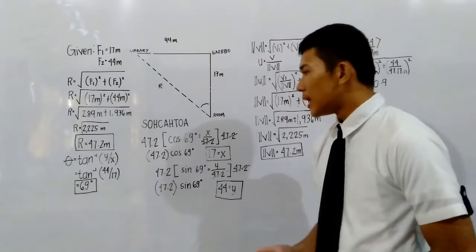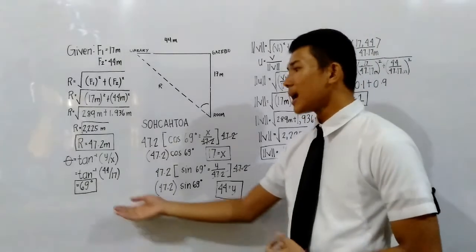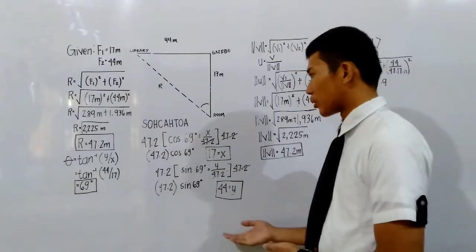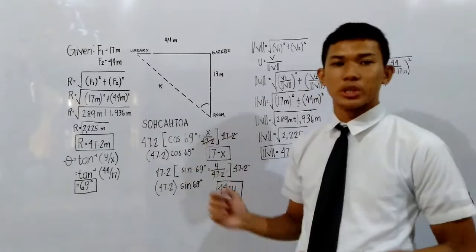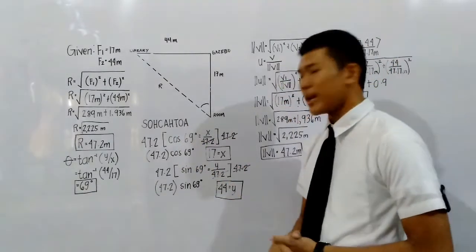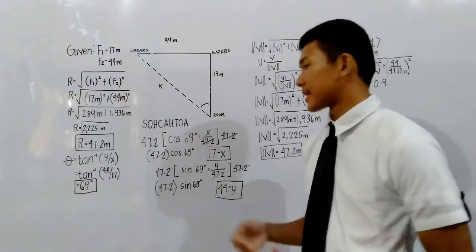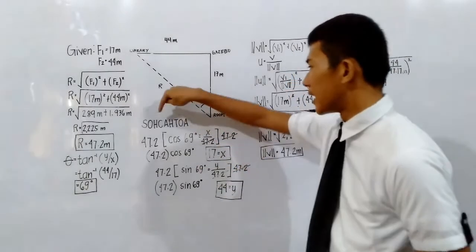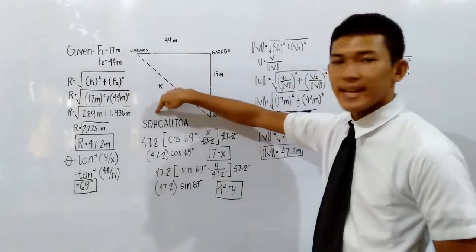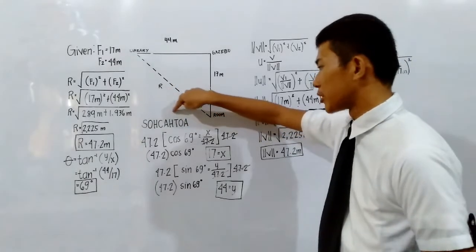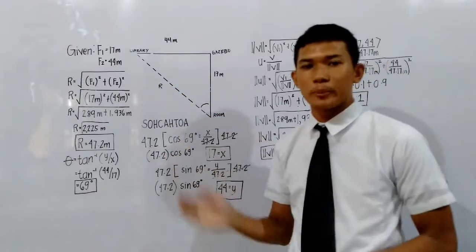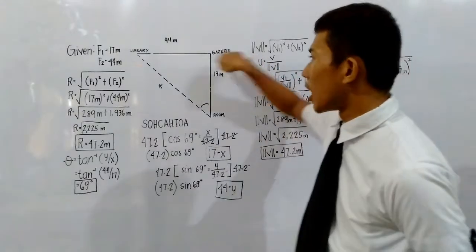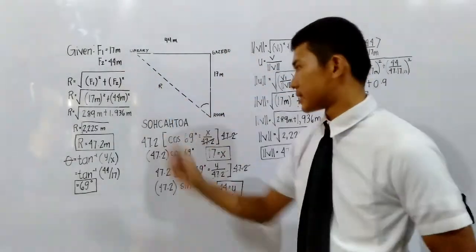So now, let us see if our angle theta is correct using the components of the vector and the functions of SOHCAHTOA. So let us first get our x. To get x, we need to use cosine, adjacent, and hypotenuse. So this is the formula for getting our x, to see if it is the same as our given values.